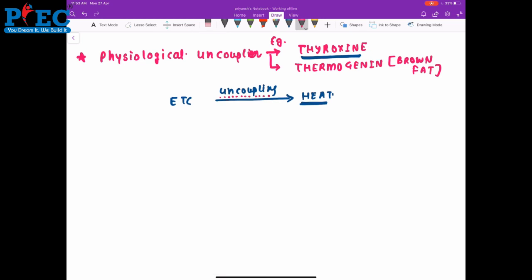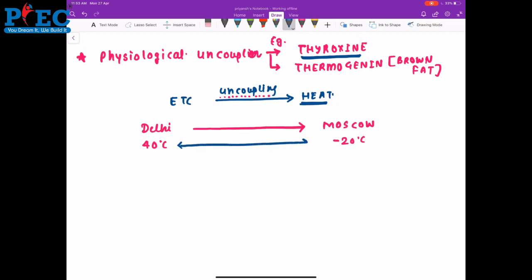For example, let's say a person is currently in Delhi, where the temperature is 40 degrees Celsius, and travels to a cold climate country, for example takes a flight to Moscow. The temperature of Moscow is minus 20 degrees Celsius. So you can see that the environment temperature changes by 60 degrees Celsius within a span of 6-7 hours.